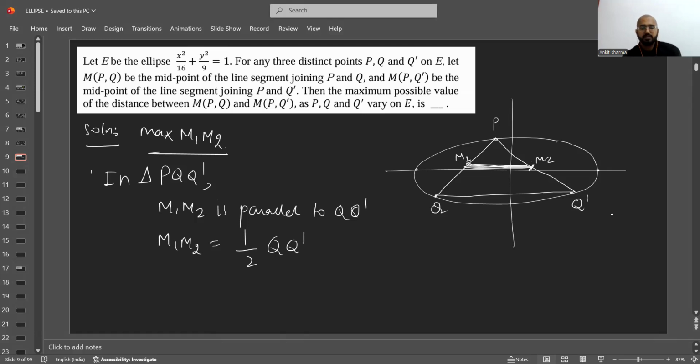So M1 M2 is directly proportional to Q Q dash. If Q Q dash is maximum, then M1 M2 is maximum.